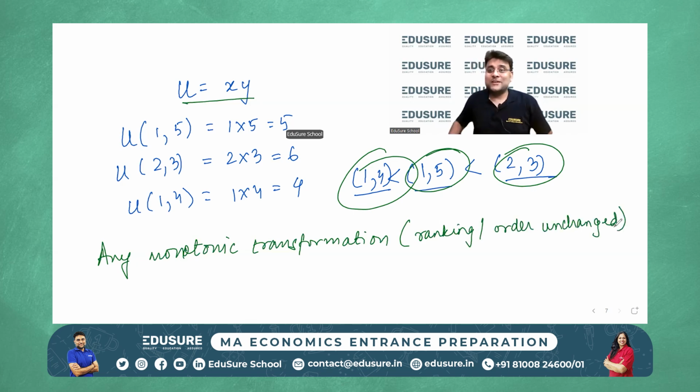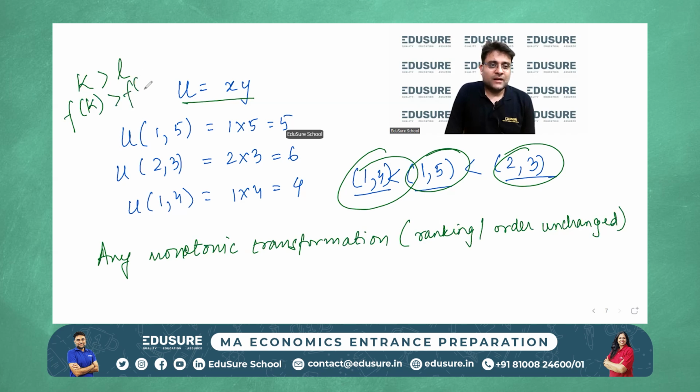It means that if earlier k was greater than l, then if I take any monotonic transformation, F(k) will again be greater than F(l), where F is the monotonic transformation. An example is log, an example is e to the power, an example is multiplication with a positive constant, an example is adding any value to it. So these are all examples of monotonic transformation. Ranking or order is unchanged.